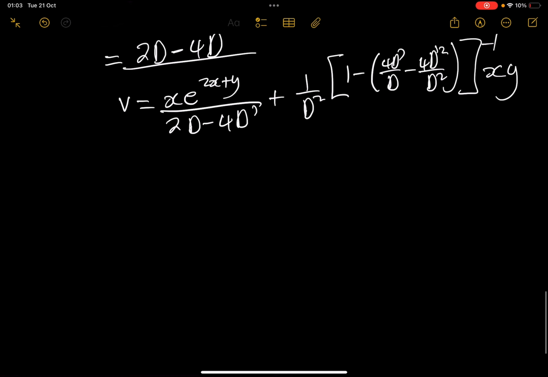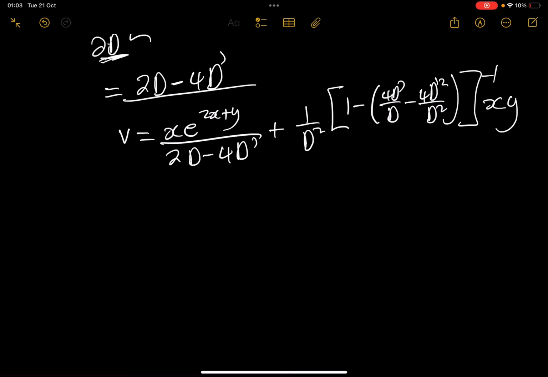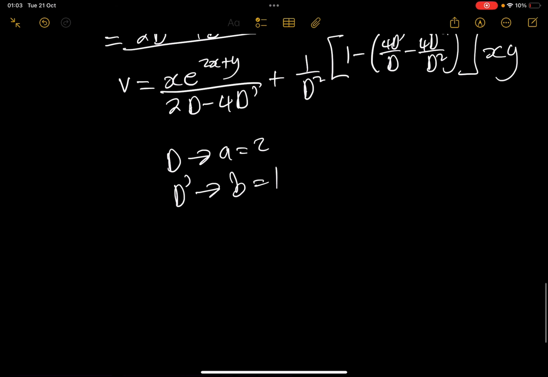Now from here, again for the exponential, we know that d is a, which is 2, and then d prime is b, which is 1. Substitute again here, so we're going to have 2, where d is 2 minus 4, d prime is, we're still getting 0 again.